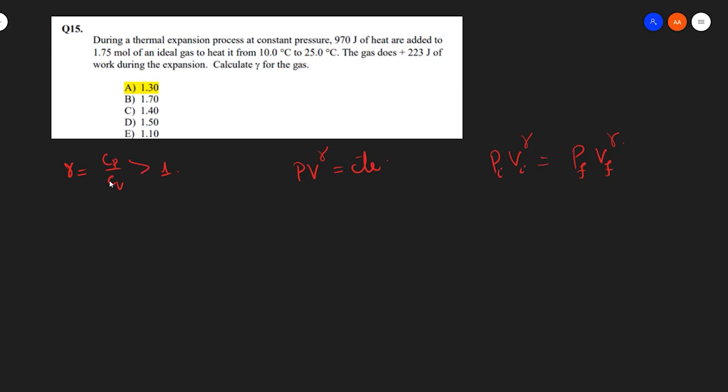Now, to calculate gamma, we need CP over CV. Here, what they gave us is heat. The heat which is added, Q, is equal to n.